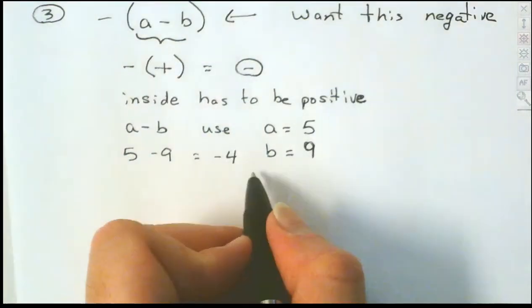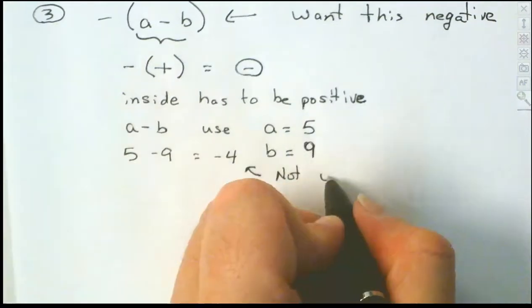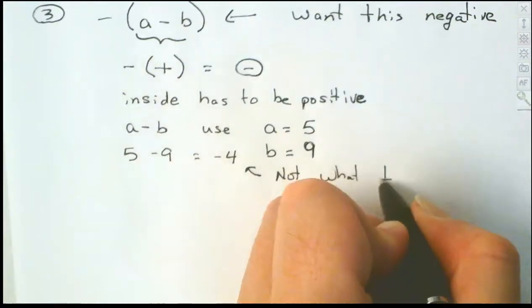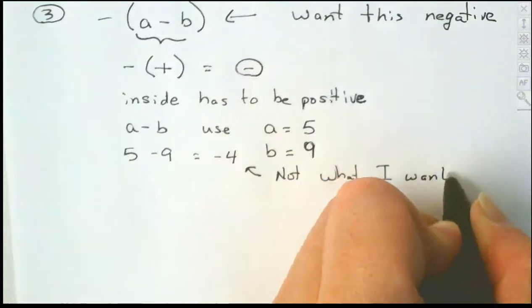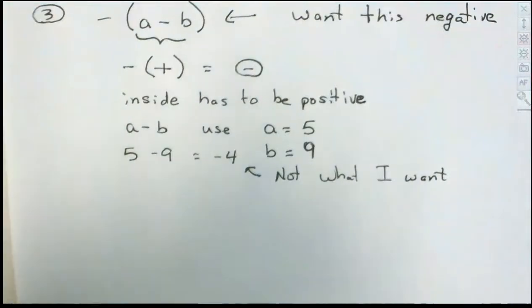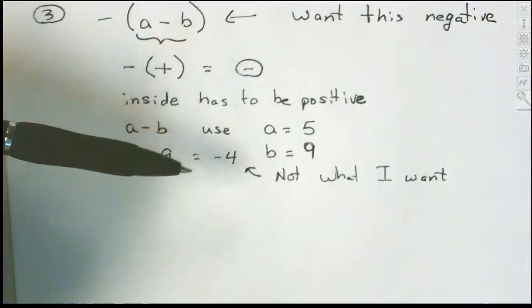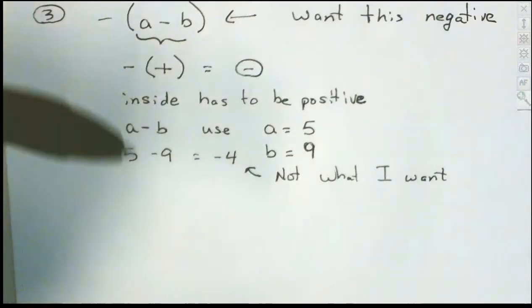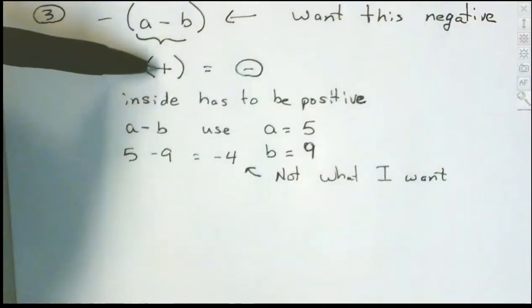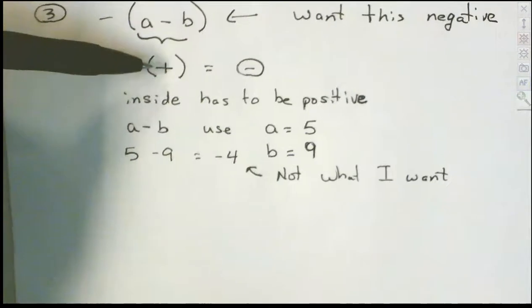And that's not what I want, right? And we're going to talk about what would make it true and what would make it false. I don't want a negative 4. I want that inside to be a positive 4. That way, when I switch my signs here, it becomes what I need. So the inside has to be positive.